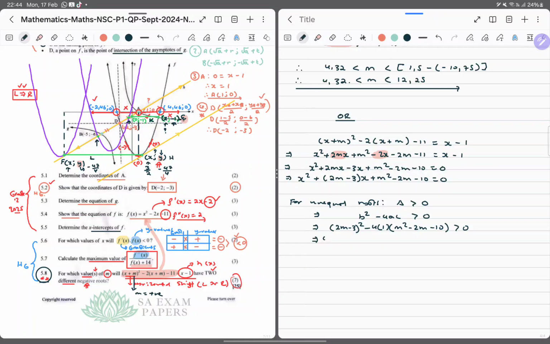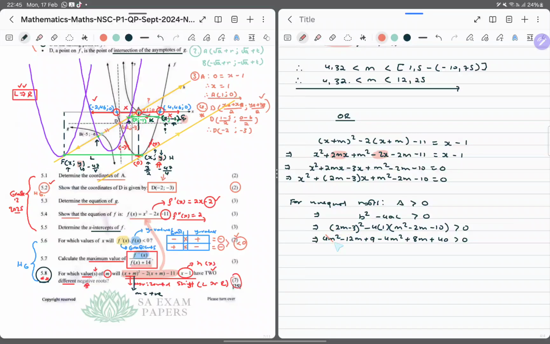Now we FOIL this out, it becomes 4m squared minus 12m plus 9. Okay, so this is minus 4, distributed in here, we're going to get minus 4m squared plus 8m plus 40 greater than 0.